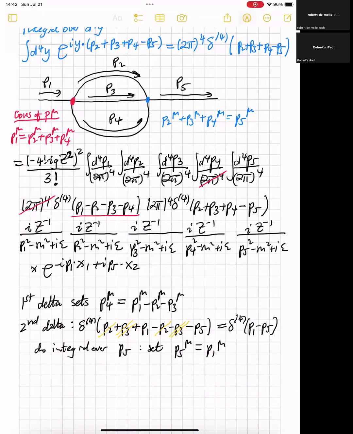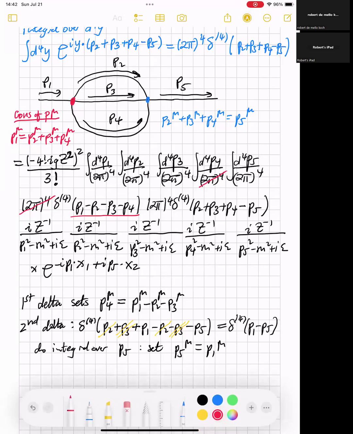So those are the two things we need to do. Everywhere we see a P4, we're going to replace it by P1 minus P2 minus P3. And anywhere where we see a P5, we're going to set that equal to P1. And once again, the 2 pi to the 4 in front of the delta function will cancel with the 1 over 2 pi to the 4 from the integral d4P5.